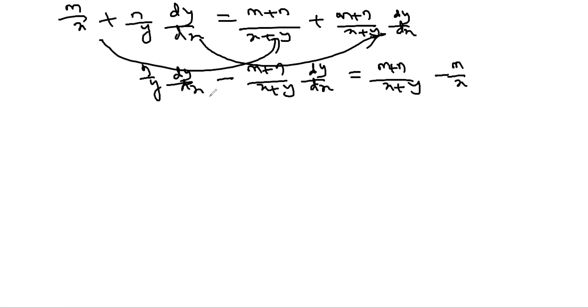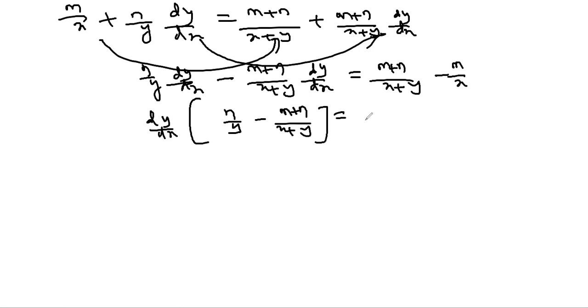So in these two terms on the LHS side, I will take dy by dx common. So dy by dx common, then n by y minus (m plus n) divided by (x plus y) is equal to, here I take the LCM, that is (x plus y) into x.